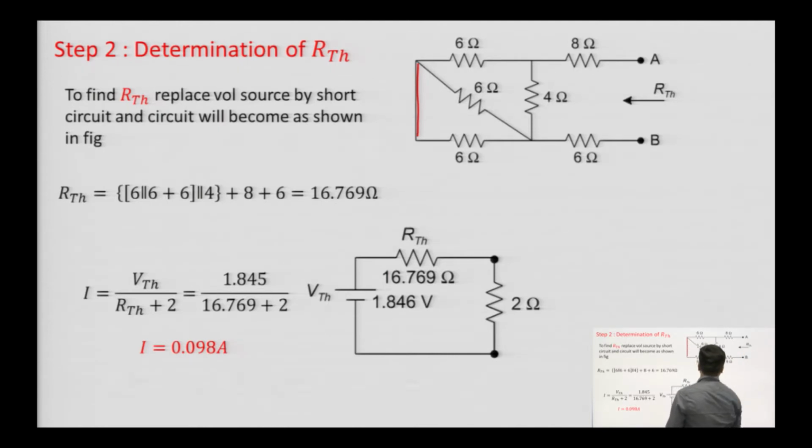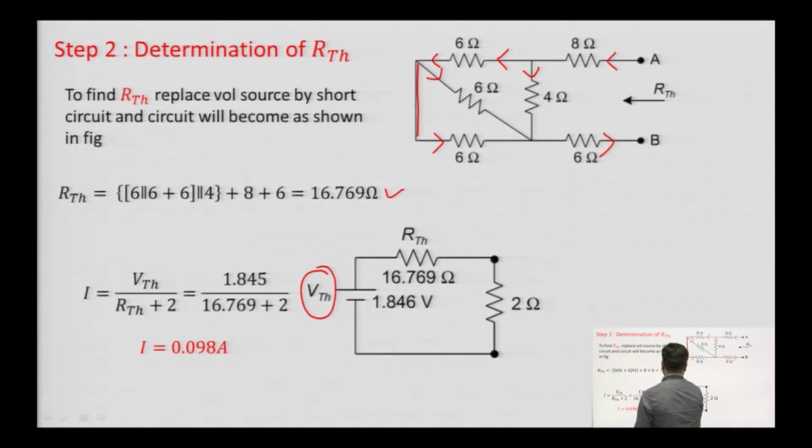If I see RTH from this side, we will get 8 plus 4 in parallel with 6, in parallel with 6 plus 6 plus 6 in parallel with 4, and all this 8 and 6 will be in series. So, we will get the value of RTH as 16.769 ohm.